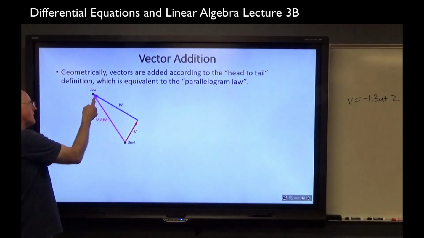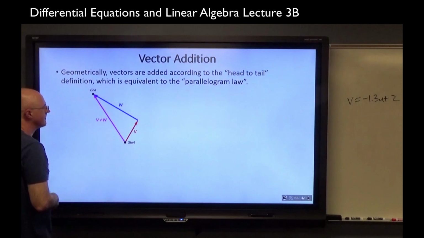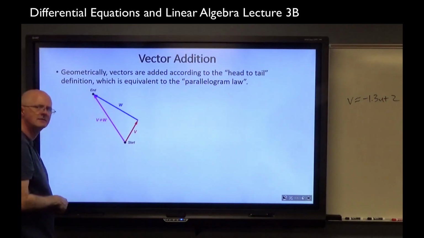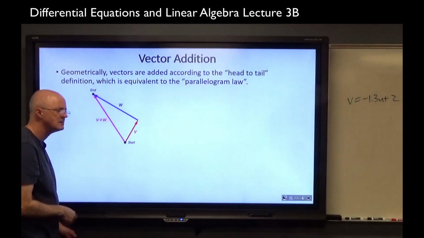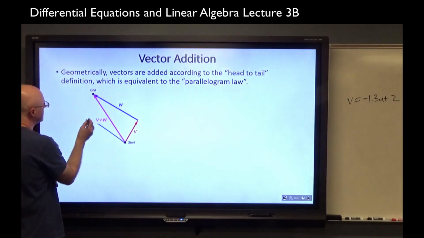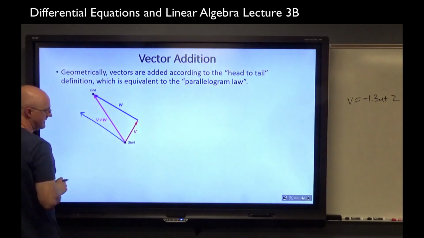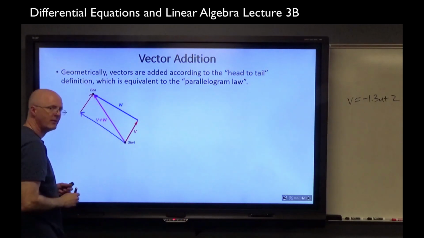And the ending point of W, the head, is the head of V plus W as well. But wait a minute. If this is right, does W plus V give you the same answer? It does. If you put W here, and V here, you end up at the same point when you start at the same point.